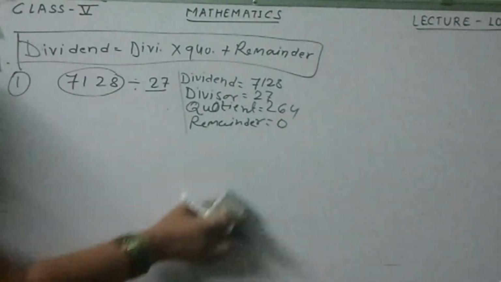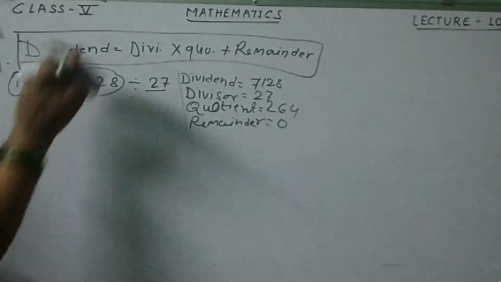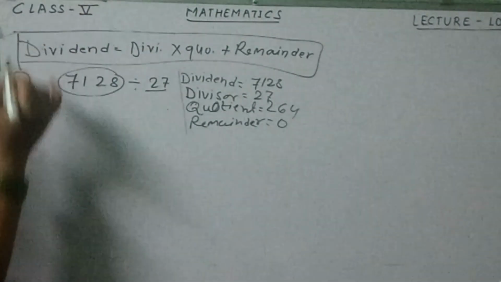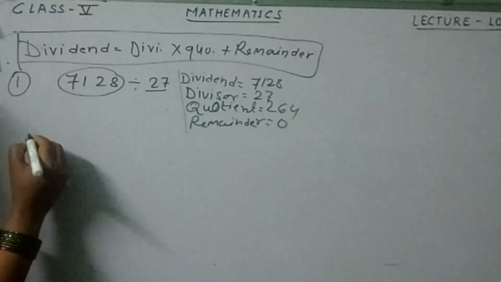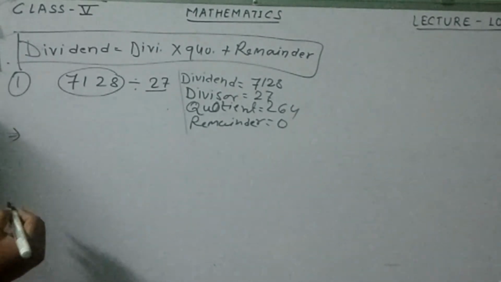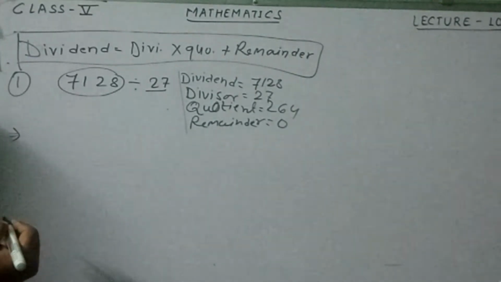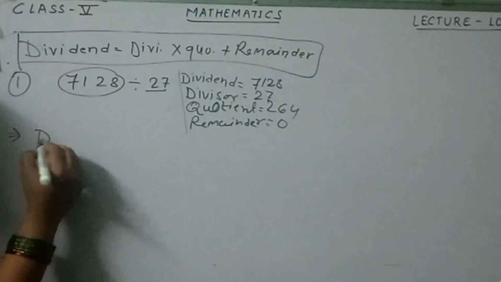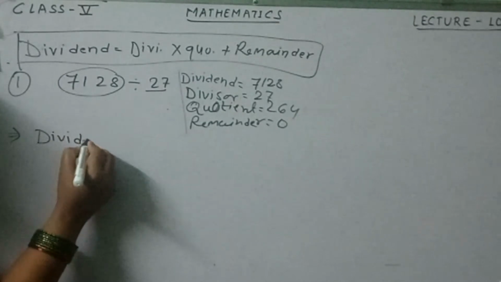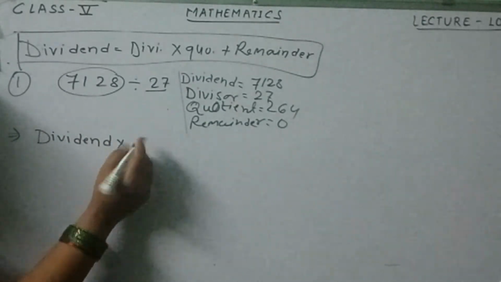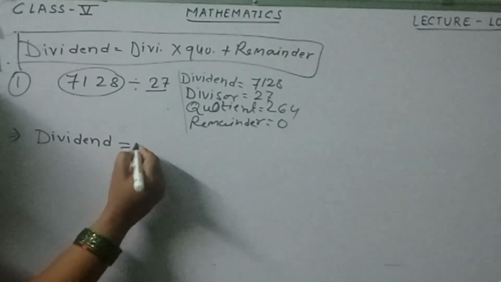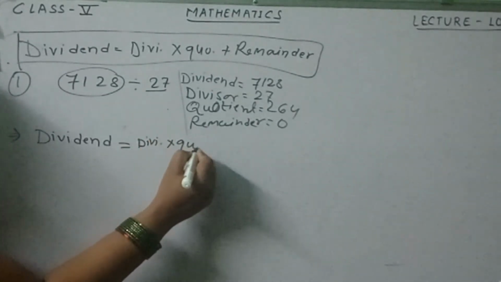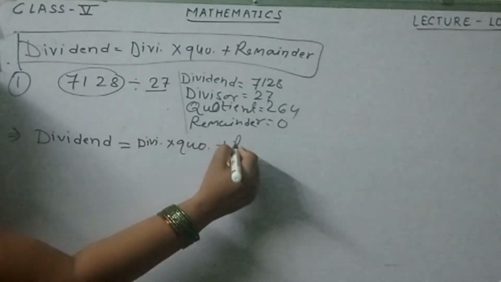Now after dividing we have to check whether the answer is correct or not. So what I told: we have to write this formula, and then substitute the values of the dividend, divisor, quotient and remainder. Dividend is equal to divisor multiplied by quotient plus remainder.